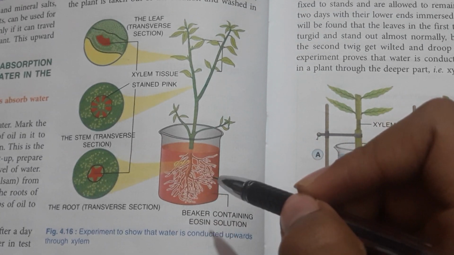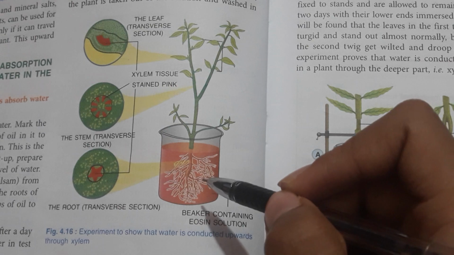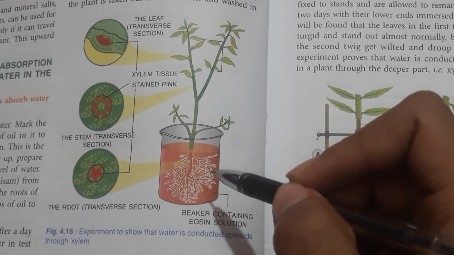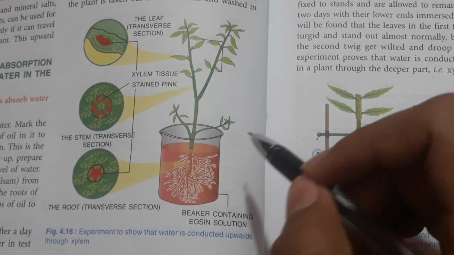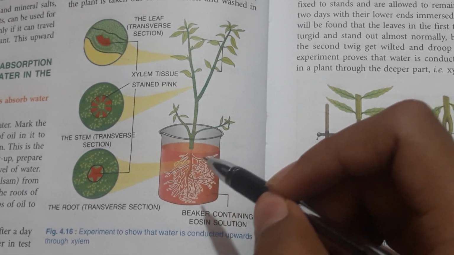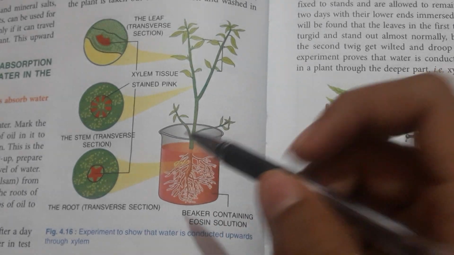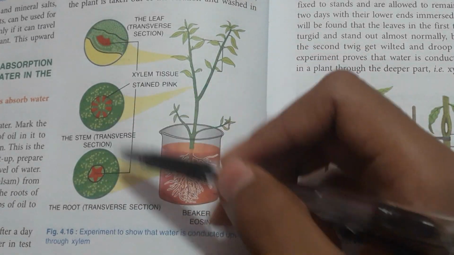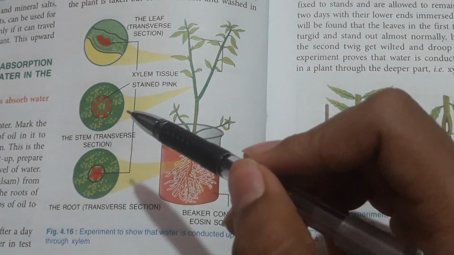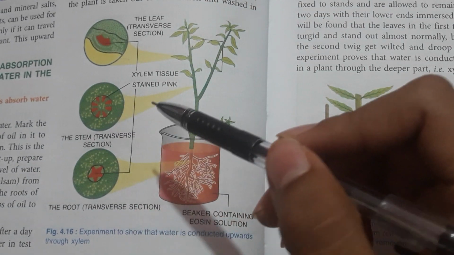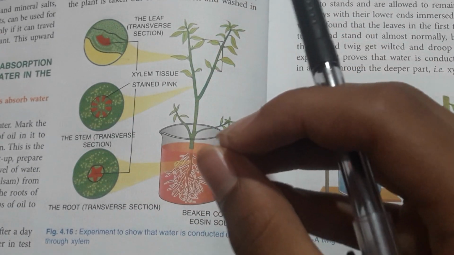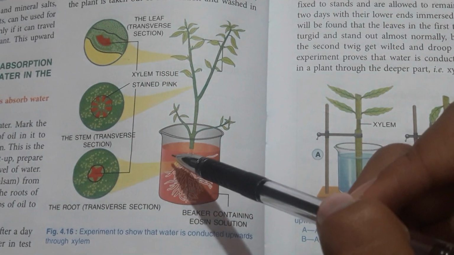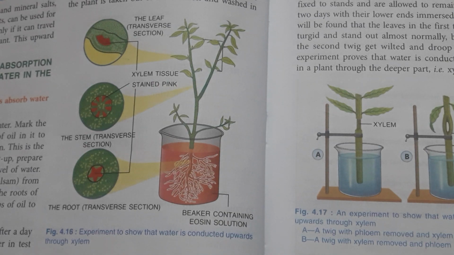This setup is kept aside for 3 to 4 hours. At the end of this period, the plant is taken out of the solution and washed under tap water. Then a transverse section of the root, stem and leaves is made and examined under the microscope. The xylem vessels will appear distinct from the rest because they will be stained red by the dye, which we poured in pink color. So that is experiment number 2.